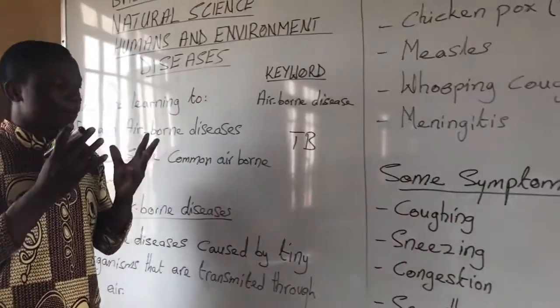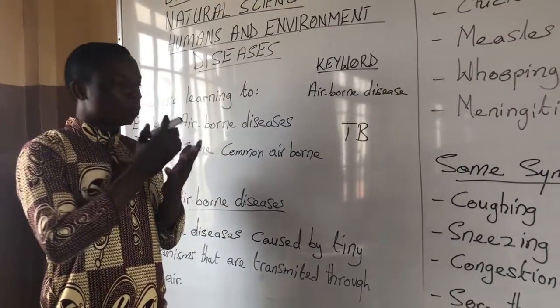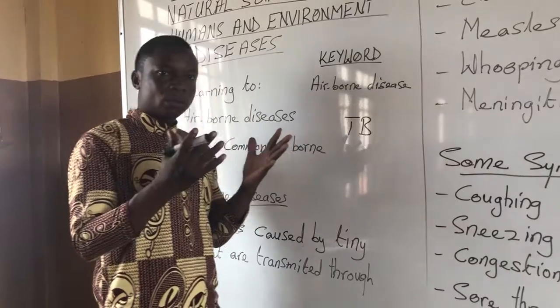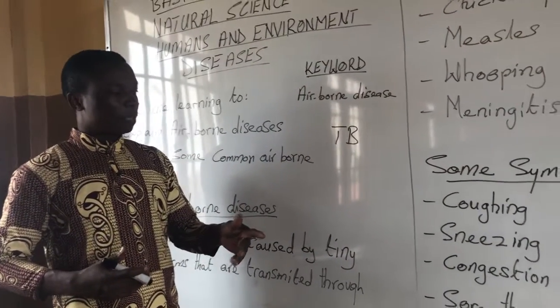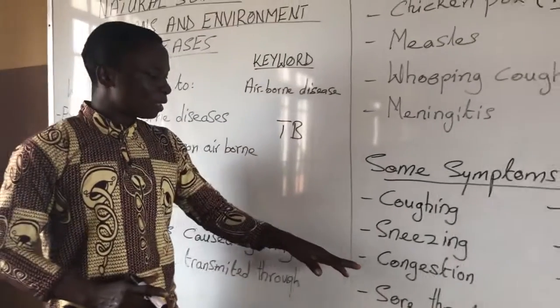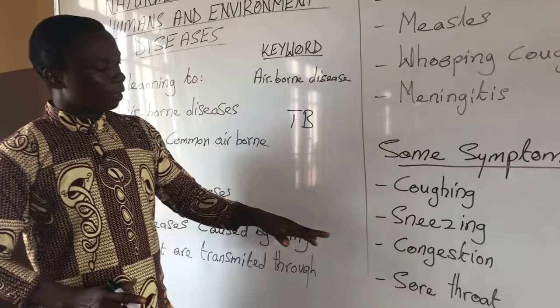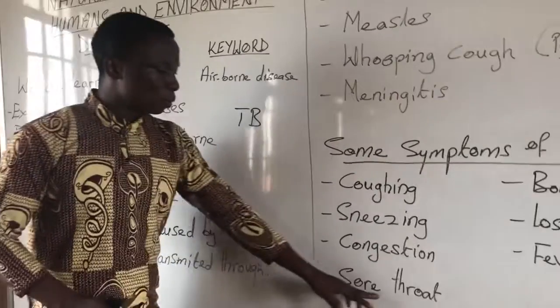Sometimes, especially when you catch cold, your nostrils will be blocked and you find it difficult to breathe. When it happens like that, you need to visit the doctor to give you the prescribed medicine.